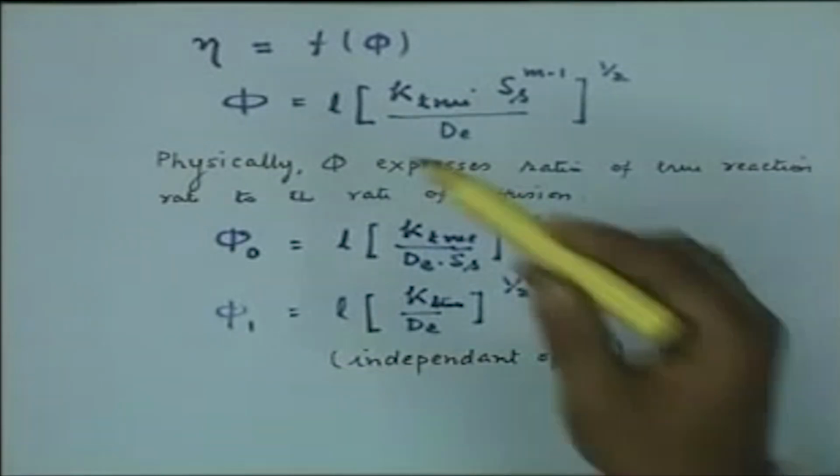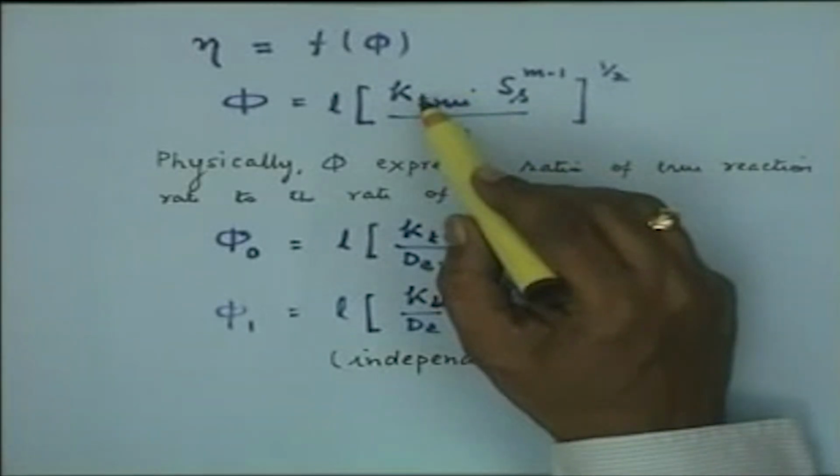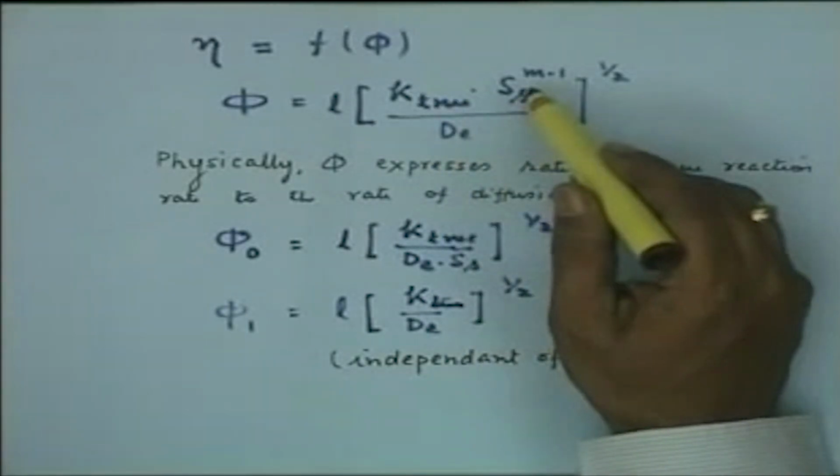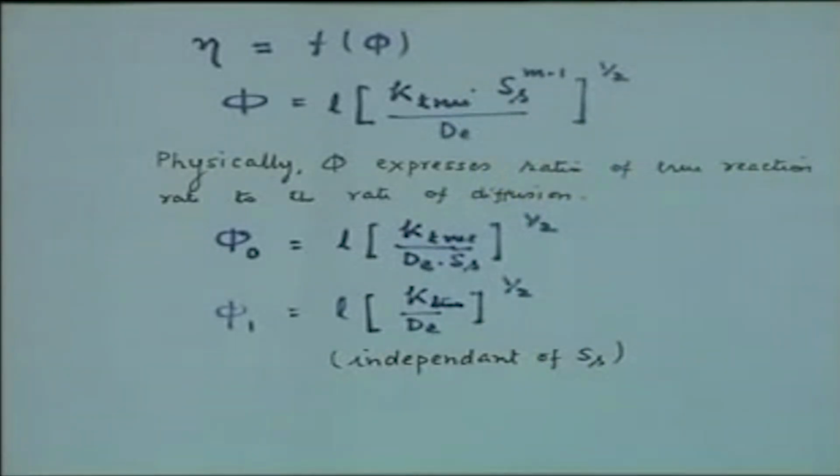Now, as I mentioned earlier, the Thiele modulus is a function of the true rate constant, the substrate concentration at the surface and the effective diffusivity. Physically, the Thiele modulus gives you an indication, although not an exact ratio, of the reaction rate parameters relative to the rate of diffusion.